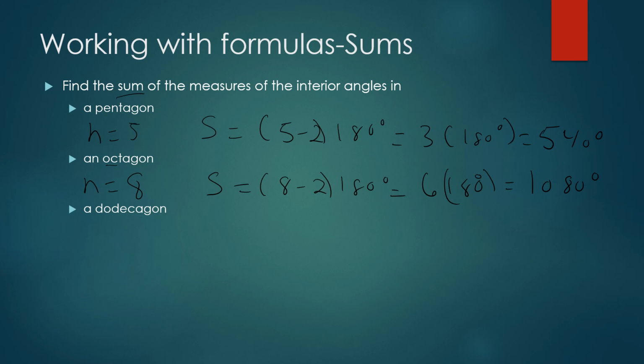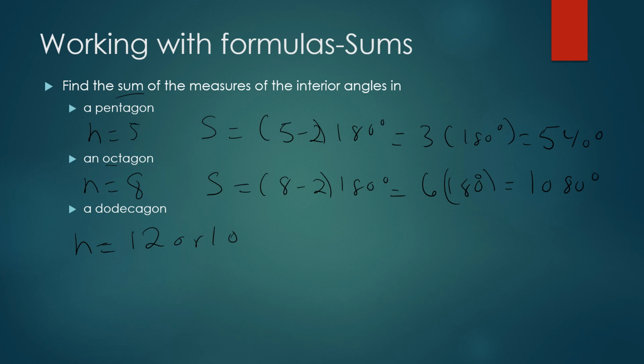Now we have a dodecagon. Shoot, it's either 10 or 12. I want to say 12. Well, we'll do both. Your book doesn't actually go this high, which is why I can't remember which one it is.